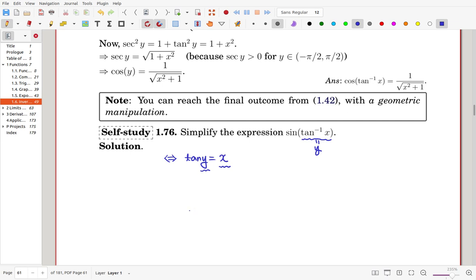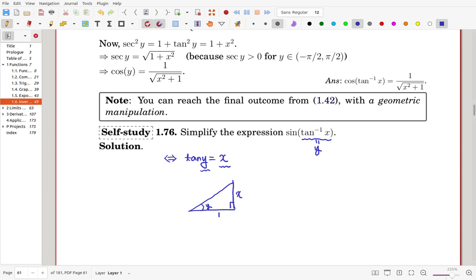If you start with a right triangle like that, then the angle will be y, and the tangent y is the opposite side over the adjacent side. So if the adjacent side is 1, then the opposite side must be x.